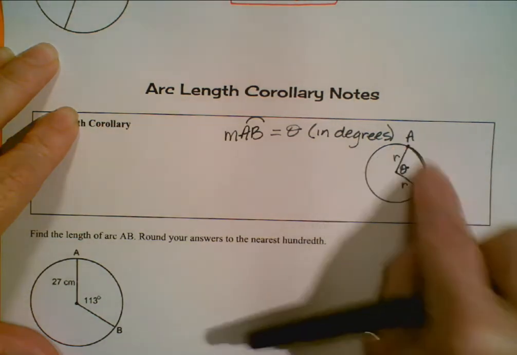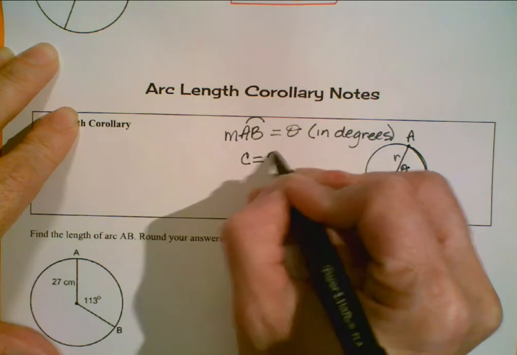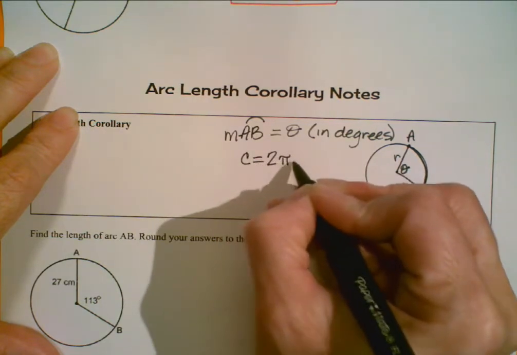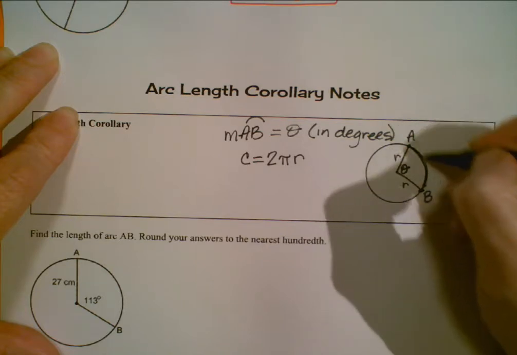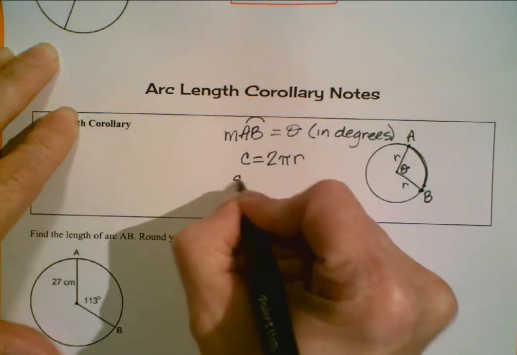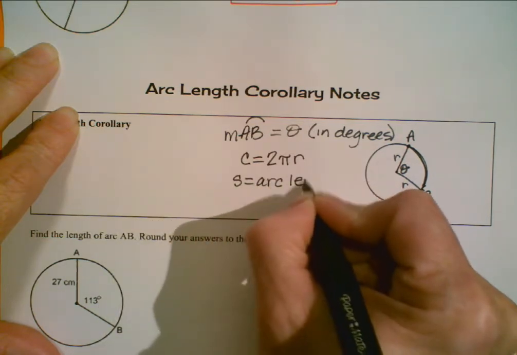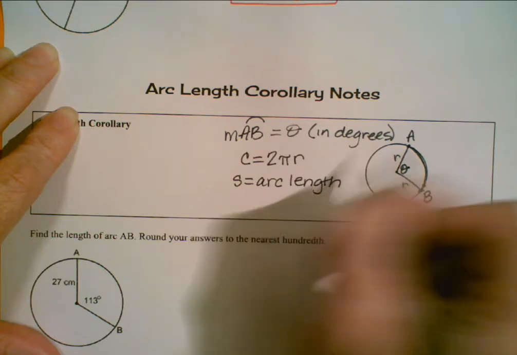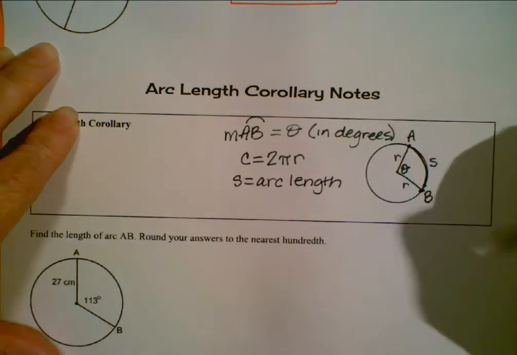Now remember, the circumference of a circle is 2 times pi times r. The arc length, the length of this arc AB, is referred to as S. So here our S value would be the length of this arc AB.